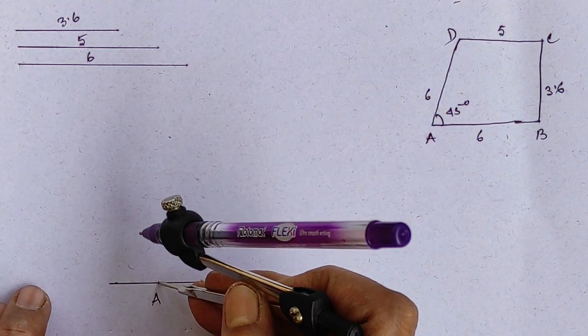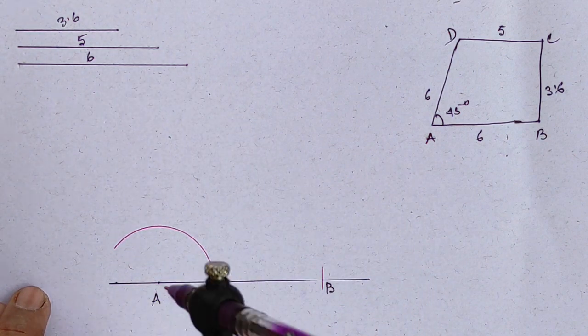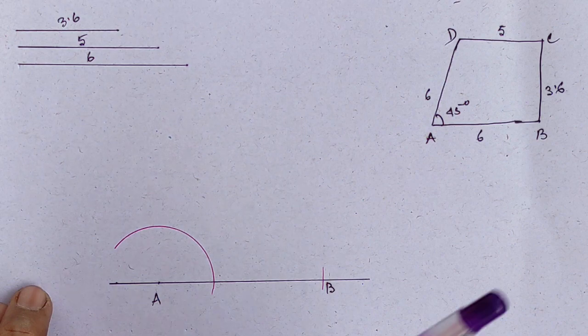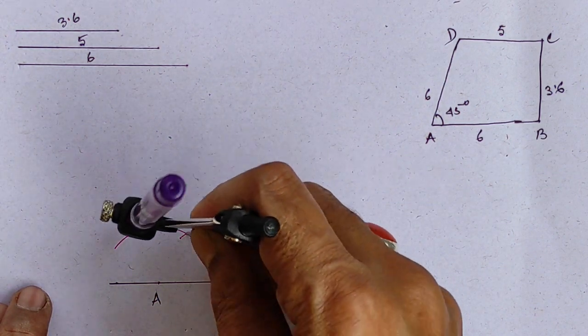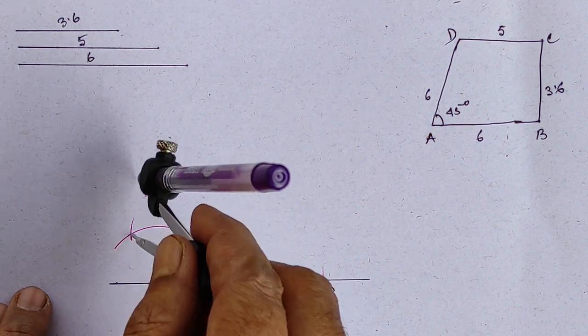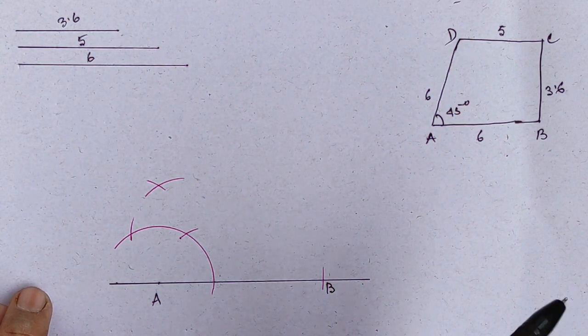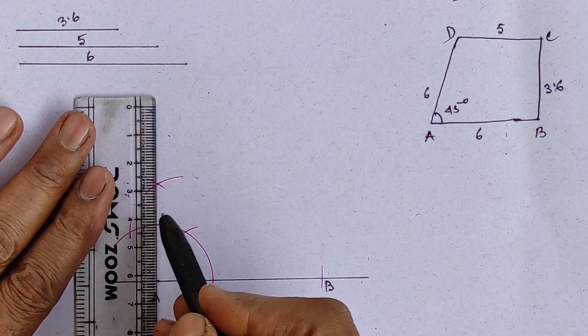Now we will draw 145 degrees at A. If you have any difficulty in drawing angles by using a ruler and compasses, you can watch the videos in this channel and you will get the I tab on the top right corner of your screen.